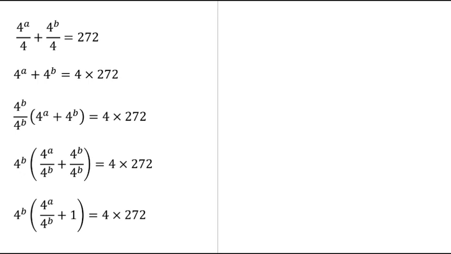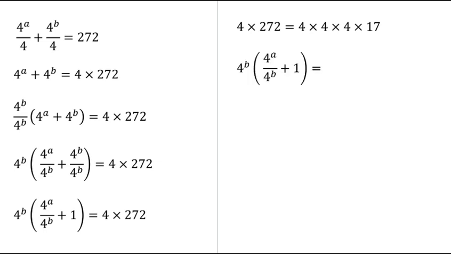Now this right hand side, that is 4 into 272, can be written as 4 into 4 into 4 into 17, or 4^3 into 17.